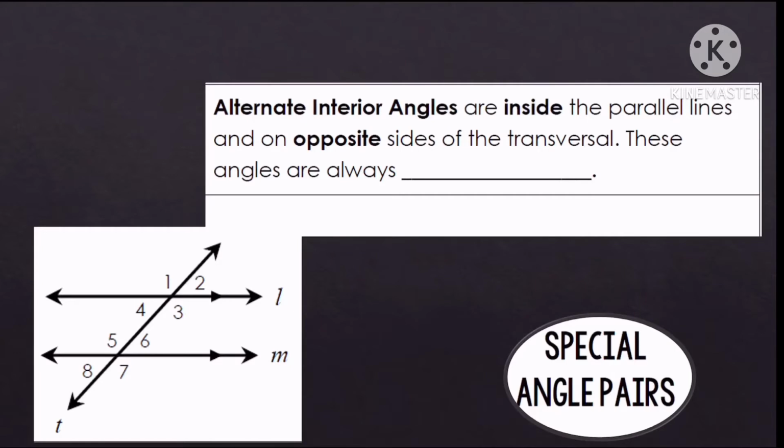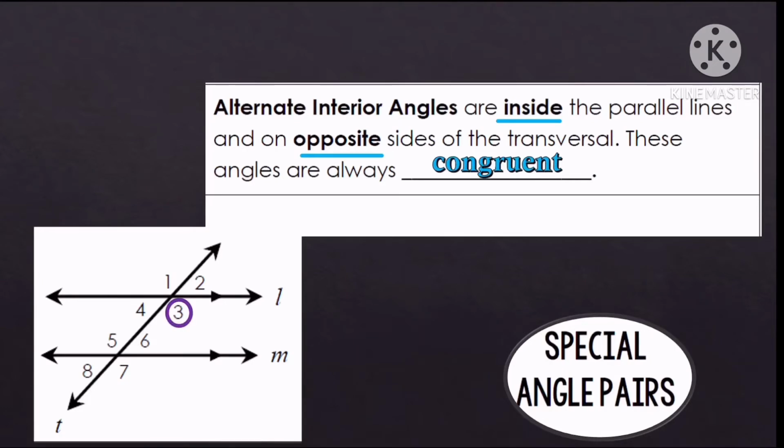Another special relationship is something called alternate interior angles. These are inside your parallel lines and on opposite sides of the transversal. These angles are always congruent. So if you look, I've got angle 3 and that's inside.